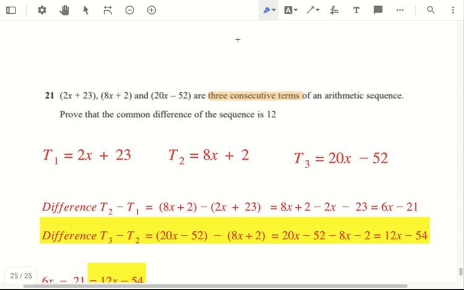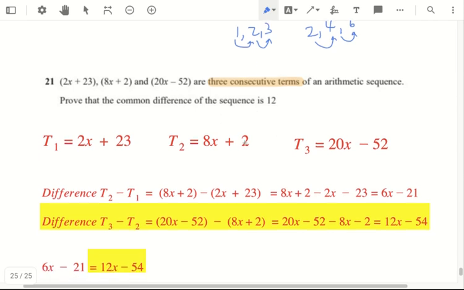So 1, 2, 3 are 3 consecutive terms. 2, 4, 6 are consecutive terms of an arithmetic sequence. Okay, so from this you can see that it increased by 2, increased by 2, right? Increased by 1, increased by 1. So this is an arithmetic sequence, right? So the question is asking us to prove that the common difference of the sequence is 12.